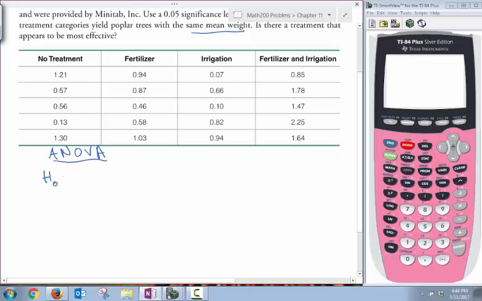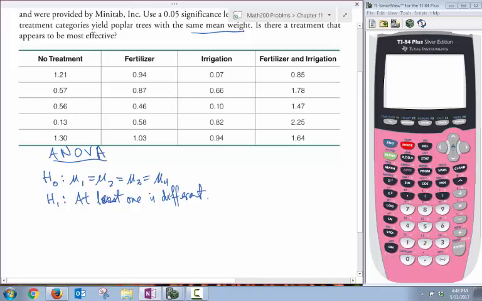We are interested in setting up our null and alternative hypotheses. The null hypothesis will be that the mean of the first one with no treatment is equal to the mean of the second one, is equal to the third and the fourth. And our alternative hypothesis simply says that at least one of them is different.